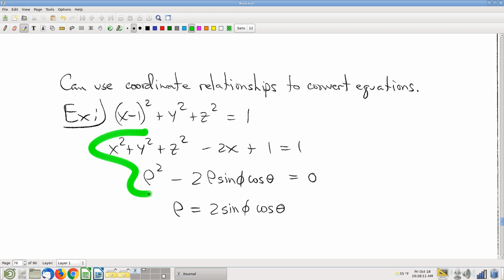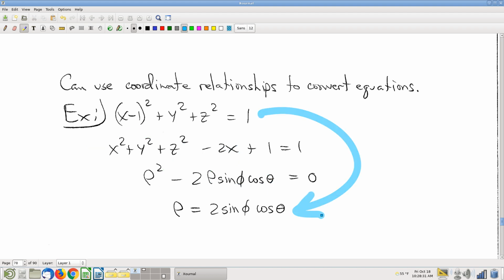So, for example, x squared plus y squared plus z squared is rho squared. That's a pat standard existing formula. x is rho sine phi cosine theta. Pat standard existing formula. You plug those in, and no surprise, what was a rectangular equation now becomes a spherical equation, and you can whip that equation around however is most convenient for you.